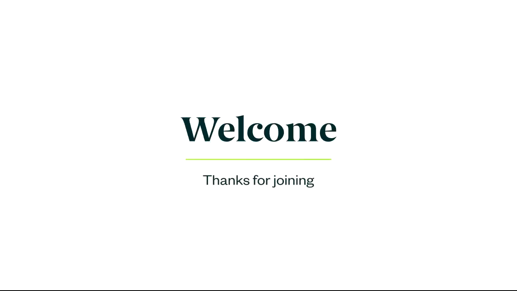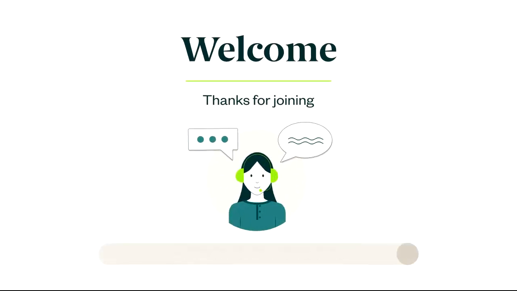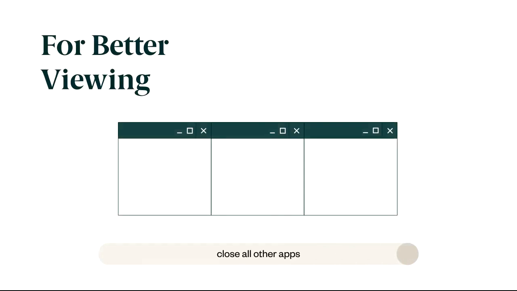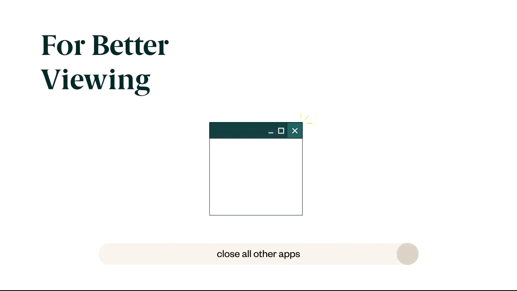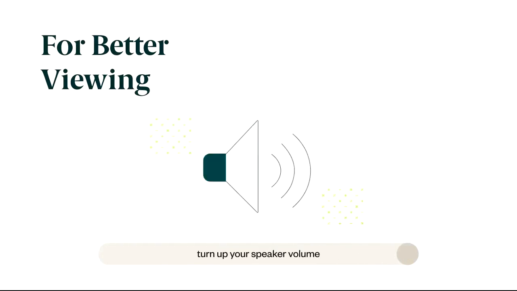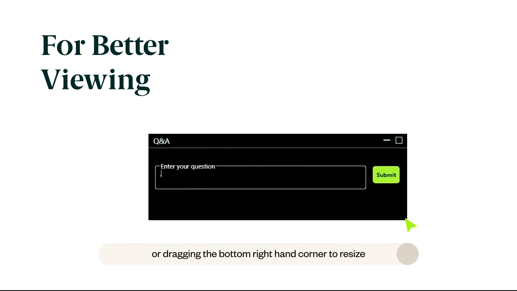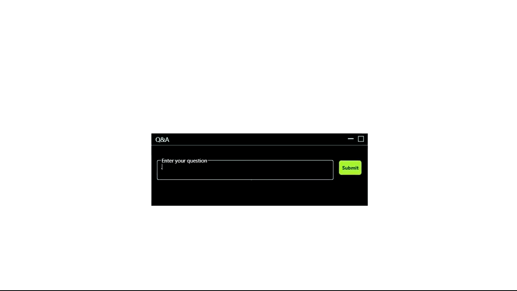Welcome and thanks for joining. We're pleased to present our continuing professional education webcast series. Before we begin, please keep the following in mind. You can customize how you view our presentation and interact with the presenter. For better viewing, close all other applications and turn up your speaker volume. You can adjust window size and placement or enter full screen mode using the controls at the top right of the window or dragging the bottom right-hand corner to resize.